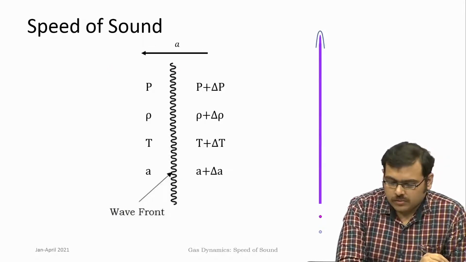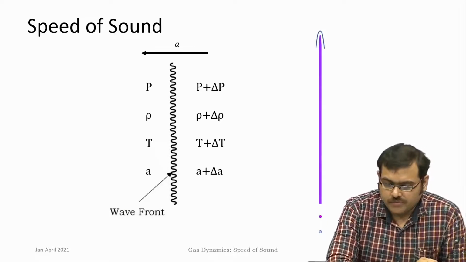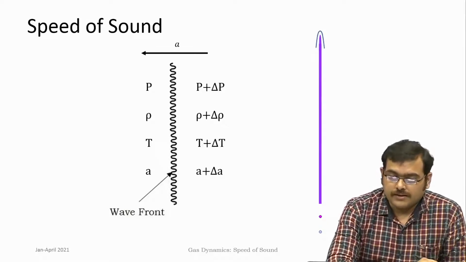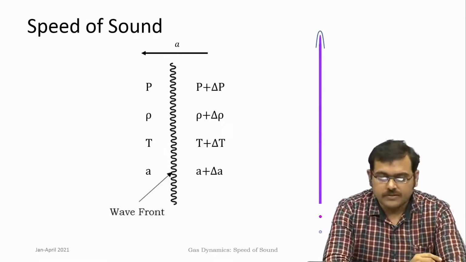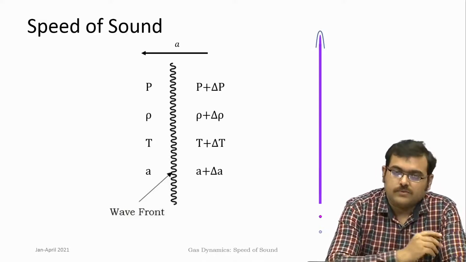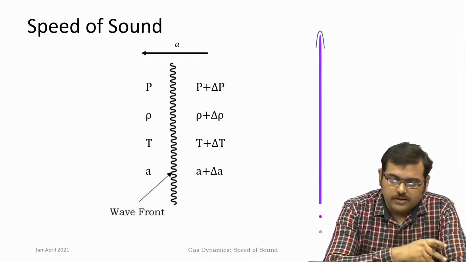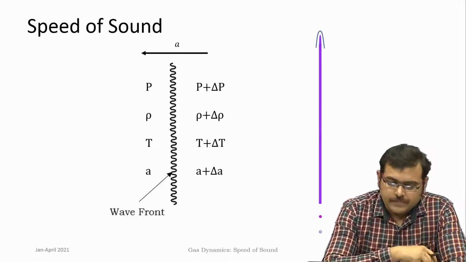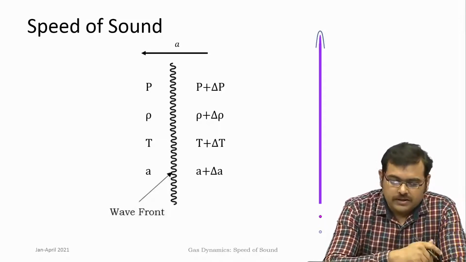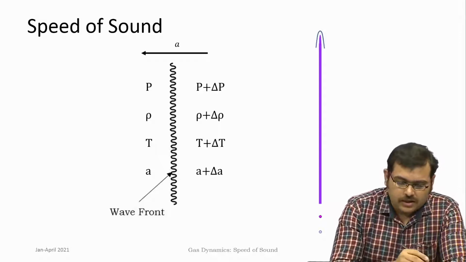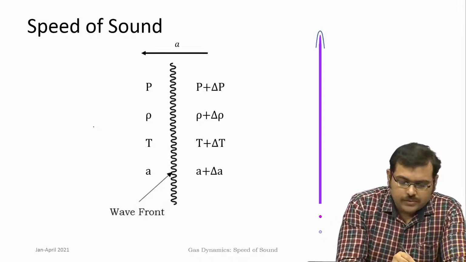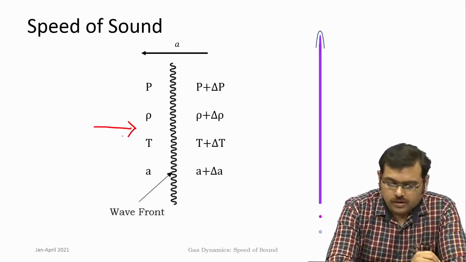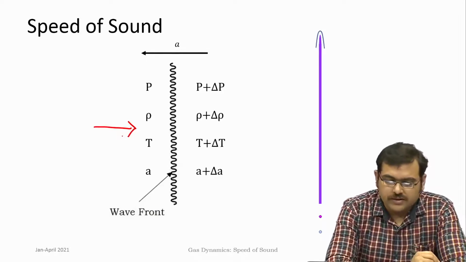Now, in order to apply this, we use the principle that if these waves are moving with a uniform velocity, having a certain velocity a, then you can always transform the coordinates and impose an opposite velocity in order to make the wavefront stationary.